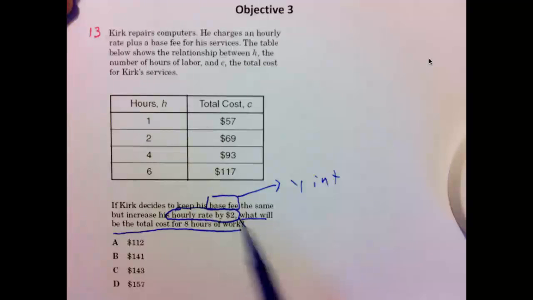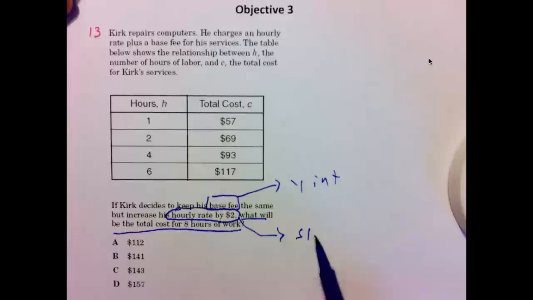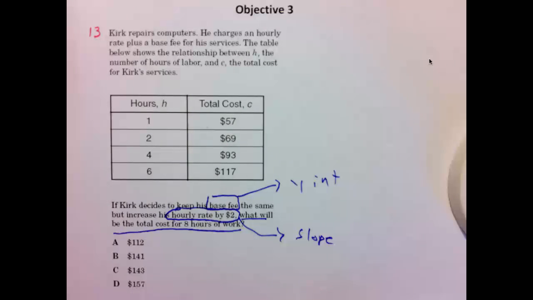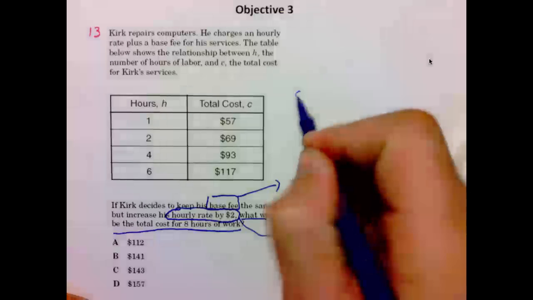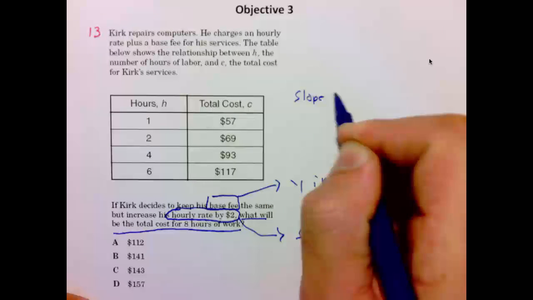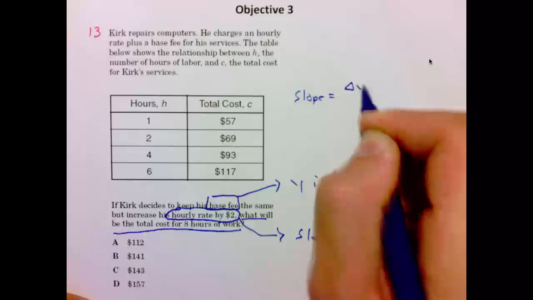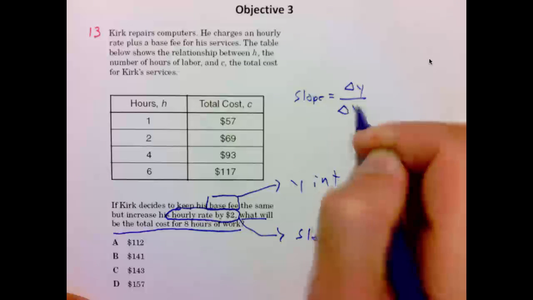The hourly rate is his slope. Okay? So, let's see if we can discover what his slope currently is. Remember, slope is change in y divided by change in x.